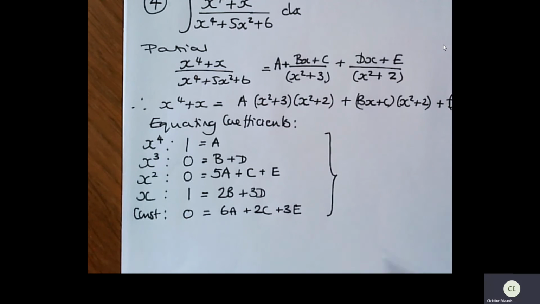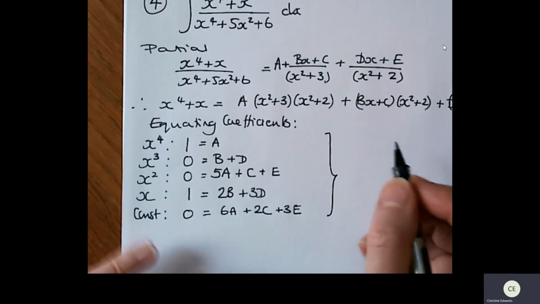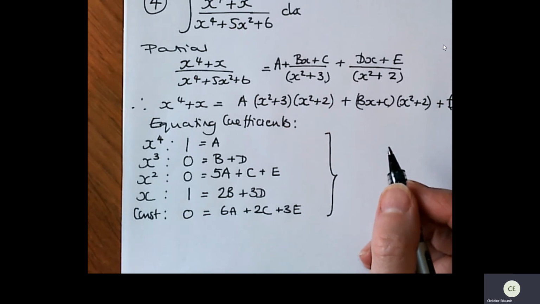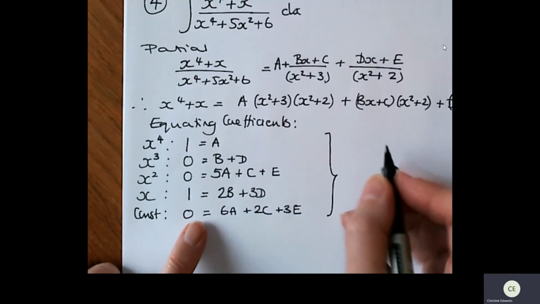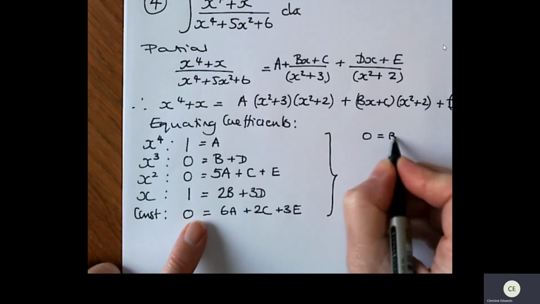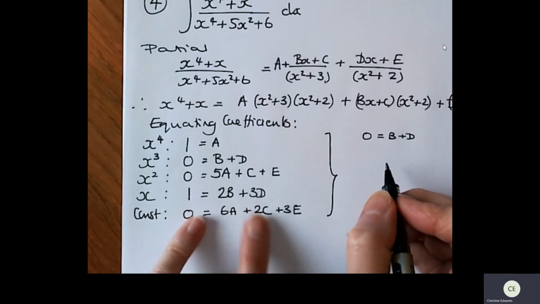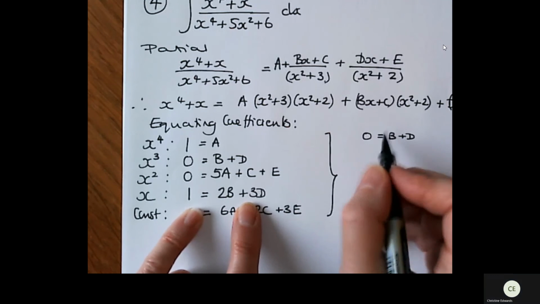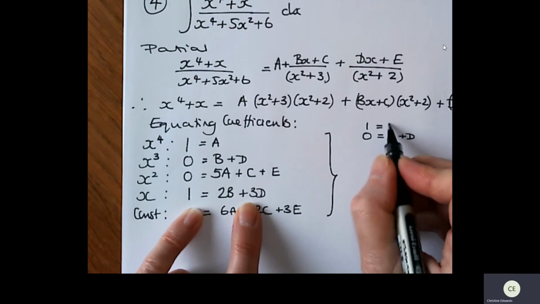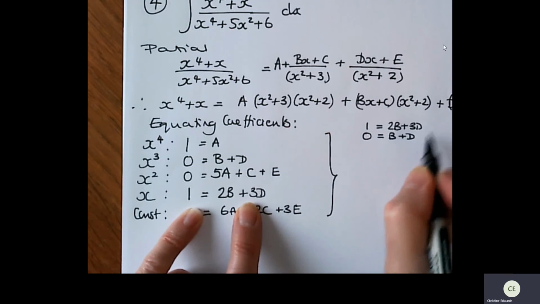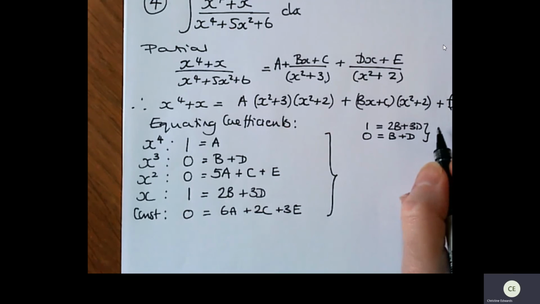Now I'm going to use my calculator to help me, or do it manually, whichever's easiest, and come up with some partial fractions. So to begin with, let's have a look at the b's and the d's. So we've got 0 equals b plus d, and we've got 1 equals 2b plus 3d. Those give me b as -1 and d as 1.